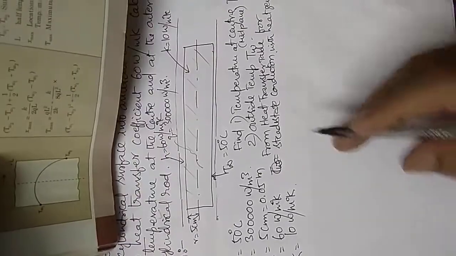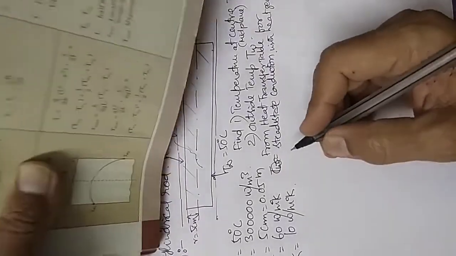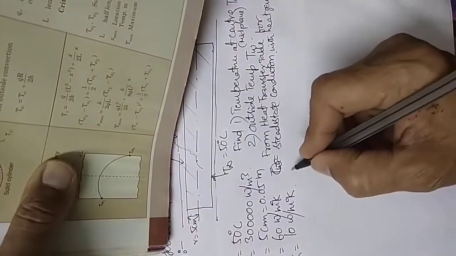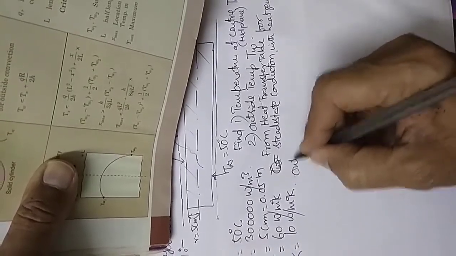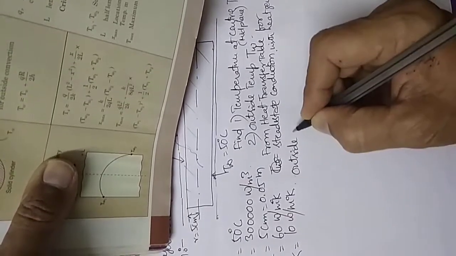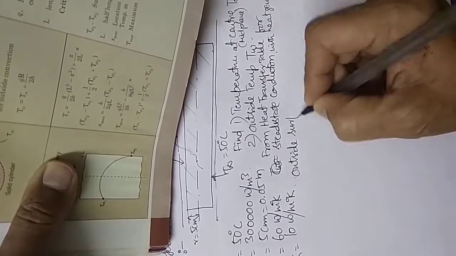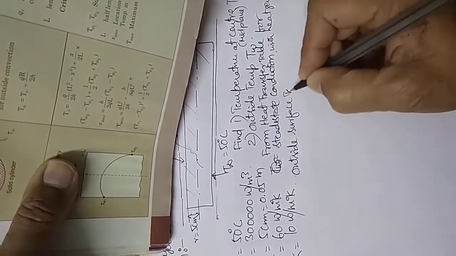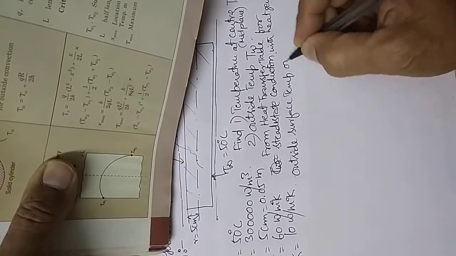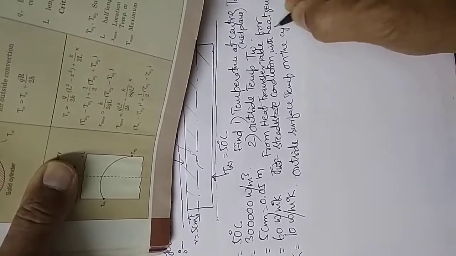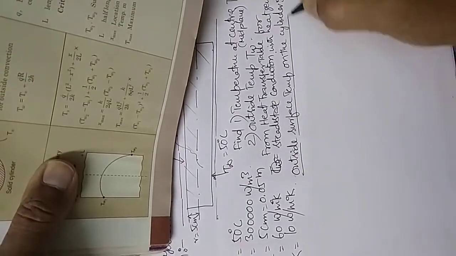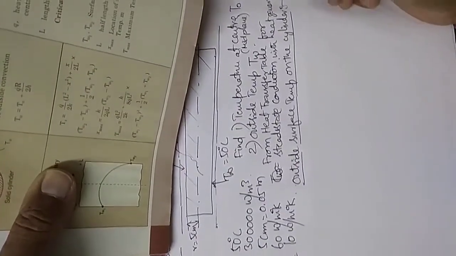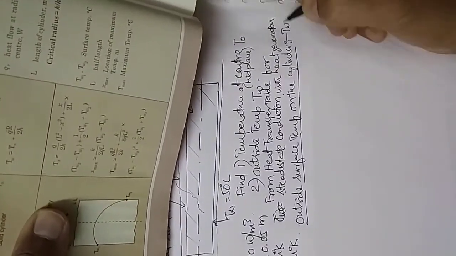From this particular information, I have TW, that is the outside surface temperature on the cylinder. So that is the first thing we are going to calculate. This is indicated by TW.